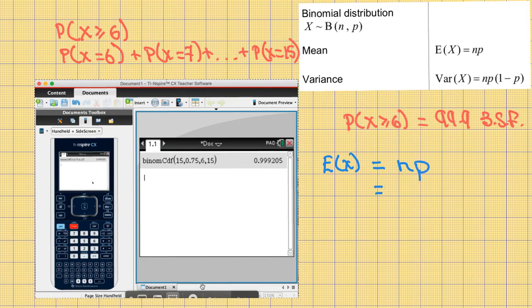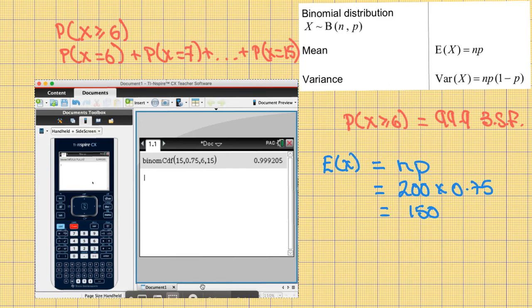So in this case, we would expect to get 200 times 0.75, which is 150 sixes. So if this dice, which is heavily biased, was rolled 200 times, we would expect to get 150 sixes.